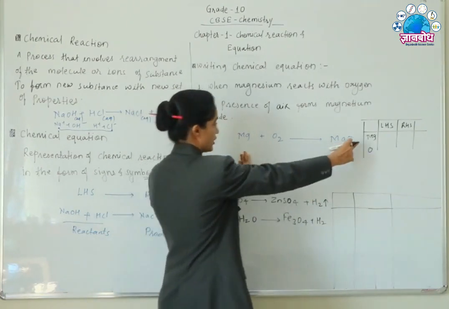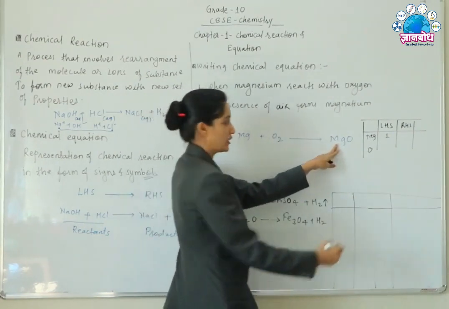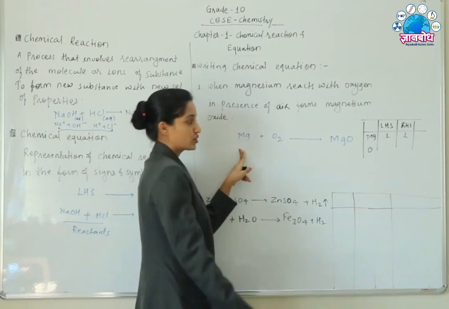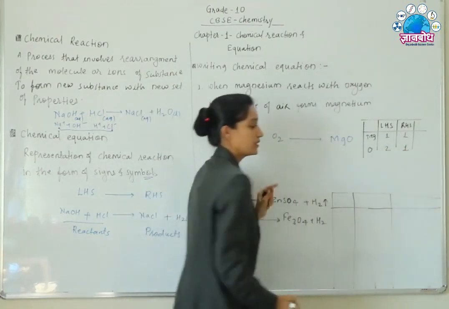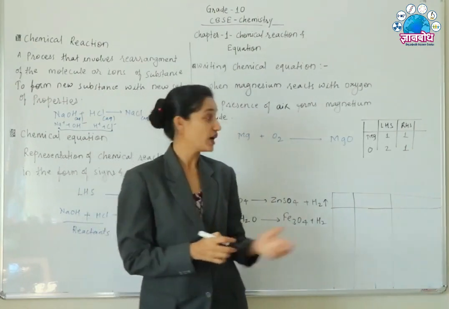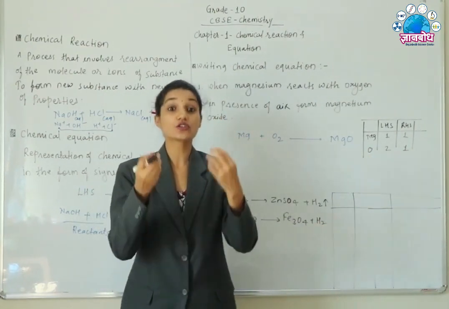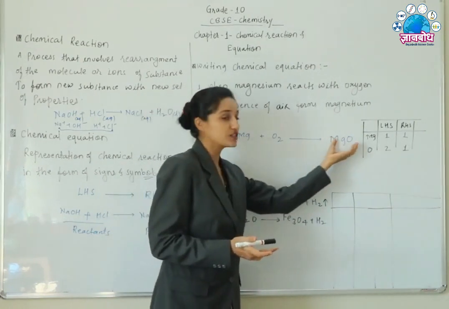How many magnesium? 1. In RHS, how many magnesium? 1. In LHS, how many oxygen? 2. In RHS, how many oxygen? 1. So we can't say that one oxygen is reduced or one oxygen is lost. We can't lose this oxygen.